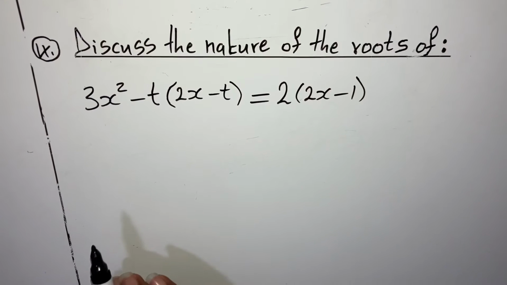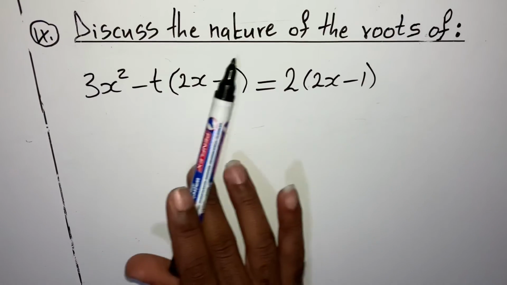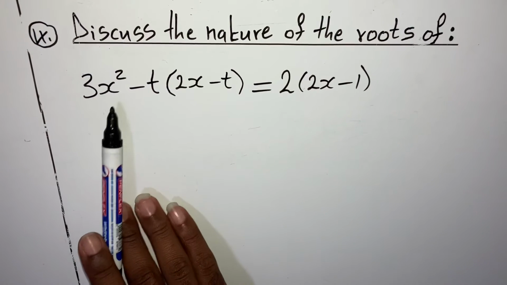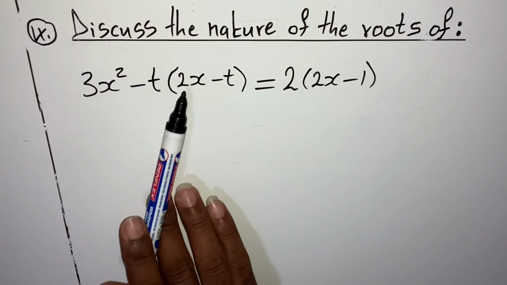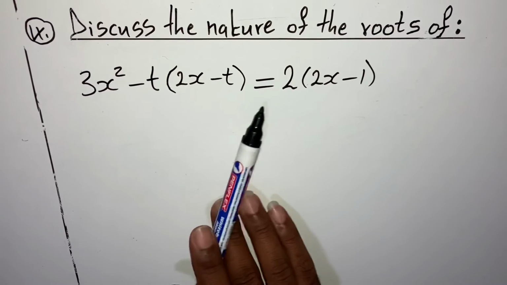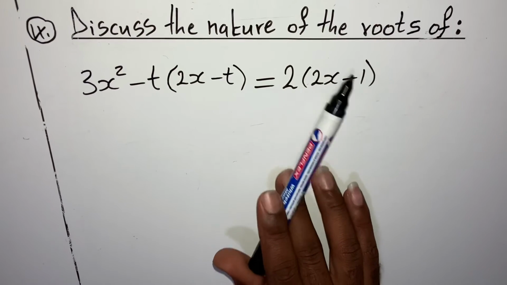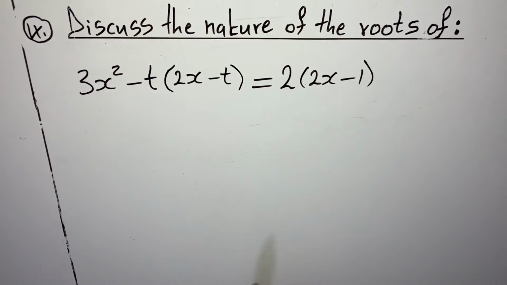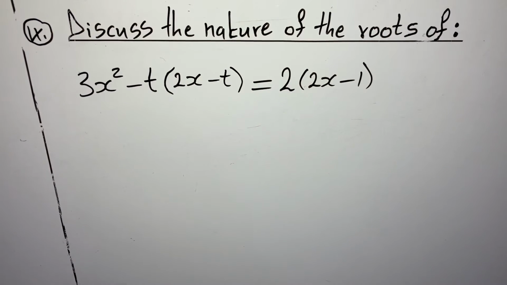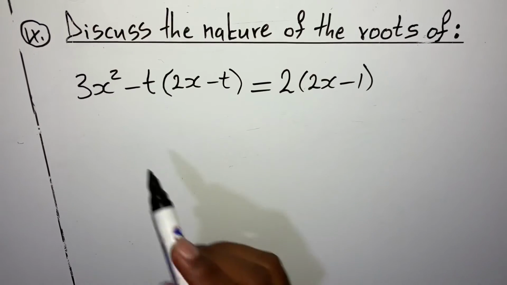We're now on our fourth sum. Instruction is still the same. Discuss the nature of the roots of 3x squared minus t, open bracket, 2x minus t, close bracket, equals 2, open bracket, 2x minus 1, close bracket. So for such a sum like this, we have to apply the Bodmas rule, where we are to remove these brackets by multiplying out.